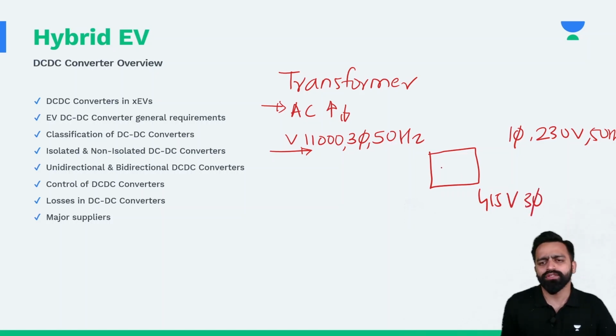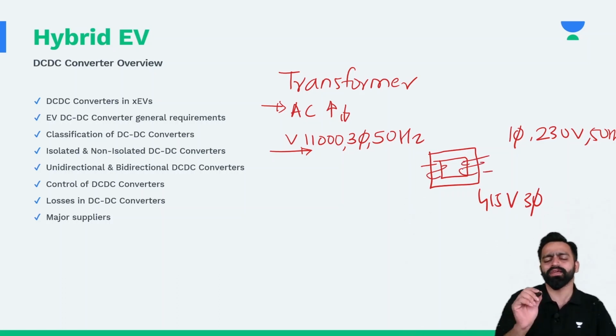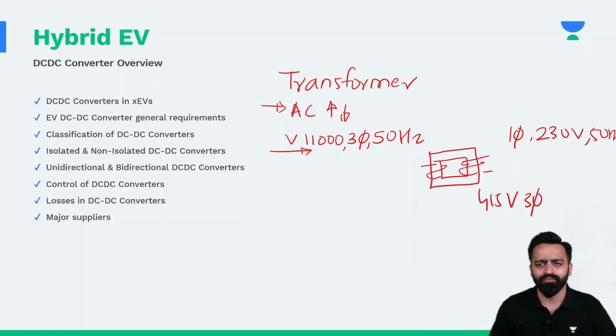The transformer is generally shown by a square frame on which windings are placed. We are not diving deep into the construction of the transformer. I am just making you familiar with the DC to DC converters and the transformer. So from the 11,000 volt, which is its input, it is stepping down the voltage to 415 volt, 3 phase. So this is with the AC, that is alternating current.